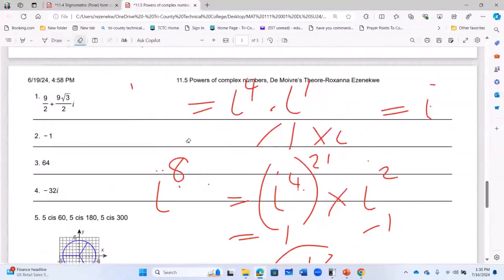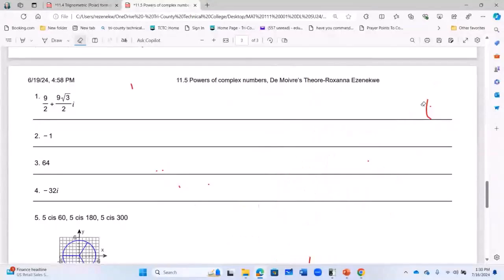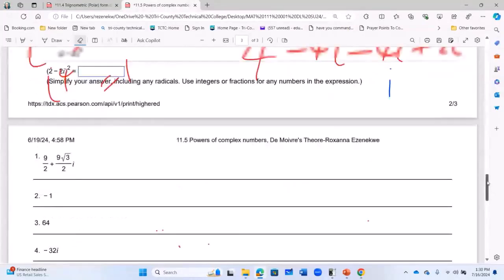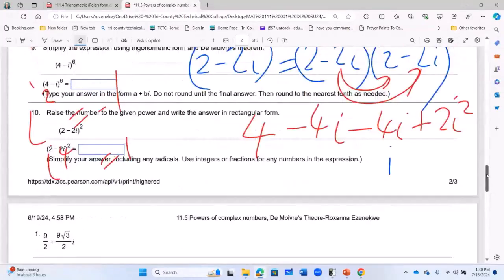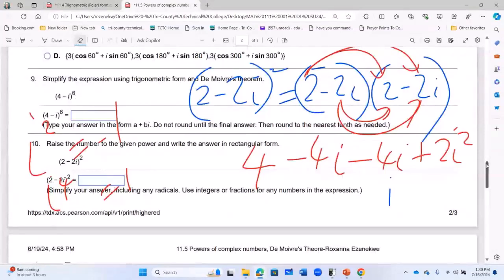All right. So let's go back to what we were trying to simplify before, number 10. Okay, so collect like terms together. Everybody remember that we multiplied negative 2i by negative 2i, and we have positive, and then we have i squared.